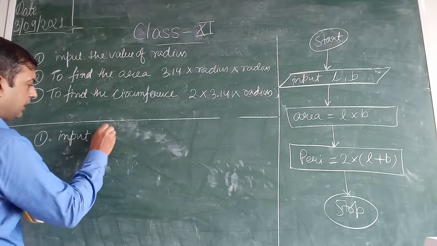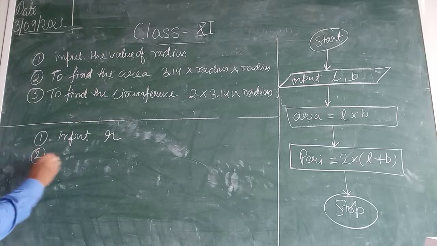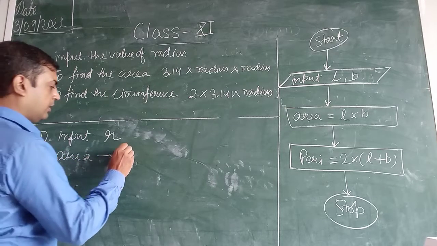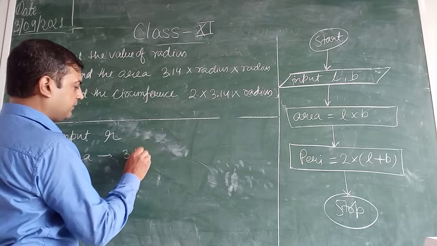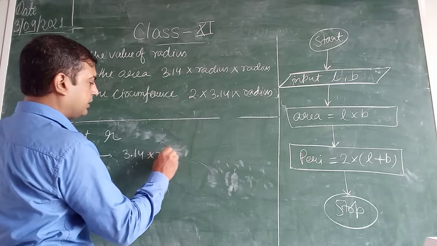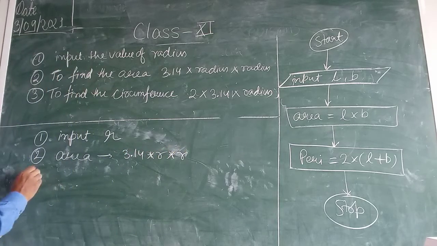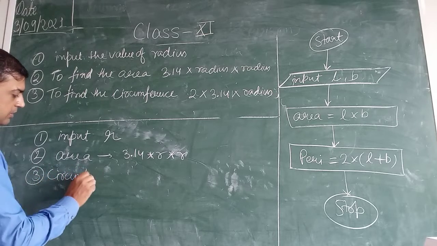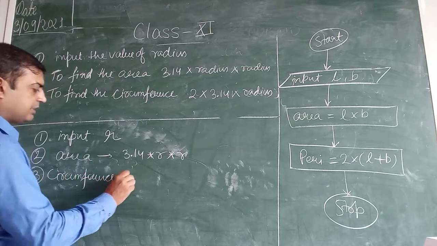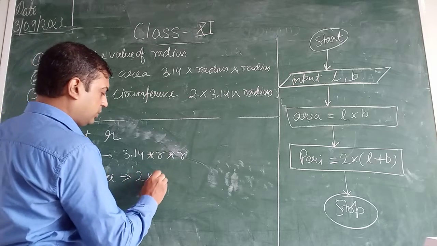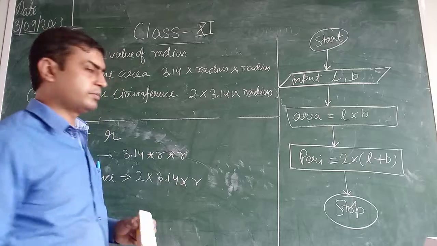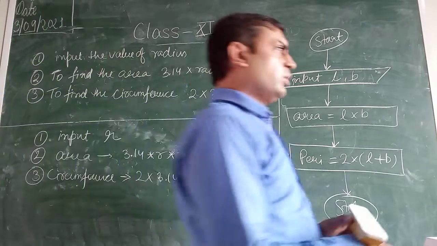Input R, number 2 area 3.14 into R, and 3 circumference equal to 2 into 3.14 into R. Like the code we have written.